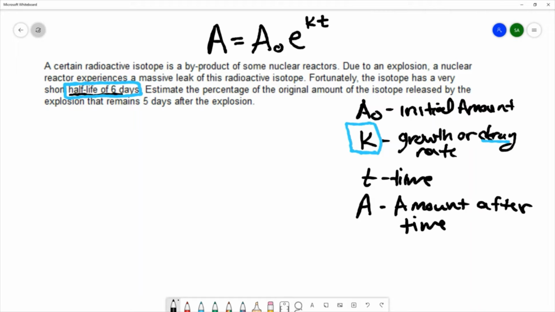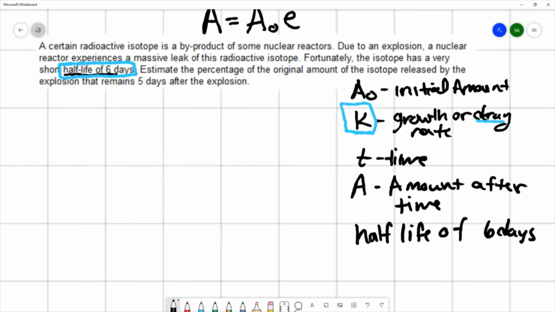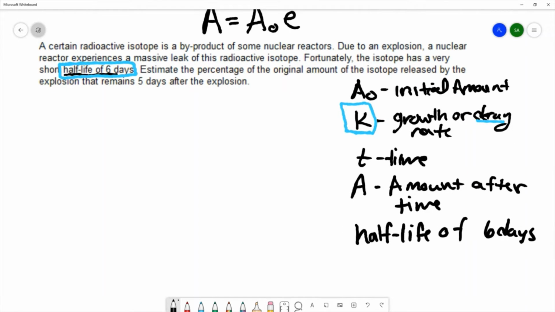So what that tells me is that if there is a half-life of 6 days, the amount of that isotope will become half of whatever it started with, hence the word half-life, half of what it started with after 6 days.